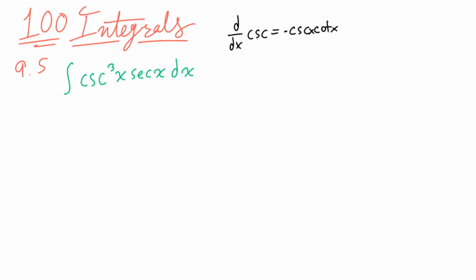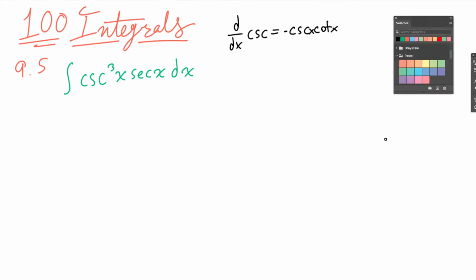I'm pretty sure I'm right. Yeah, okay. Now, the derivative of secant, like we found out earlier, equals secant x times tangent x.